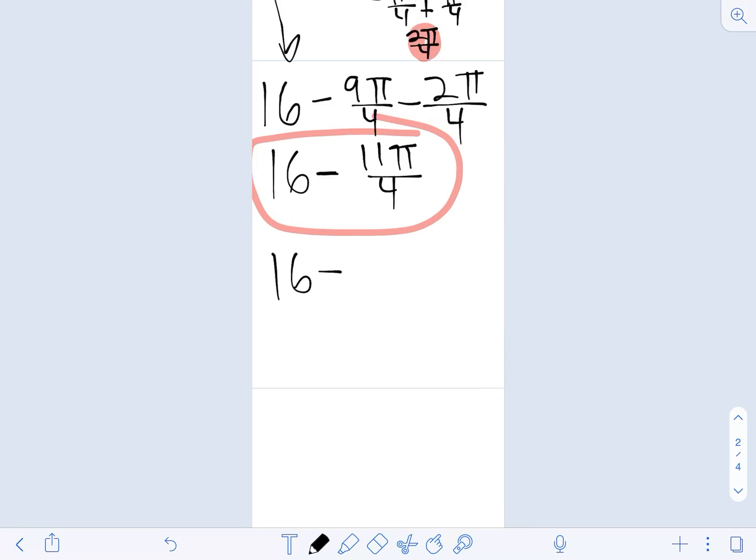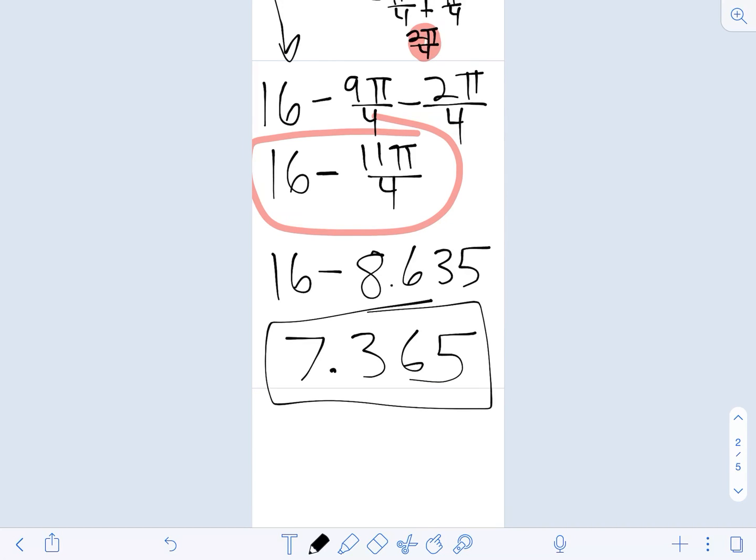Then divide that by 4, and you get 8.635. If you're really close to that, that's okay. So then we do 16 minus 8.635.